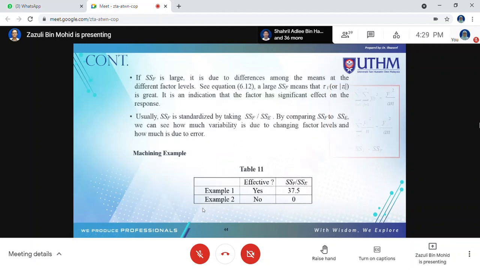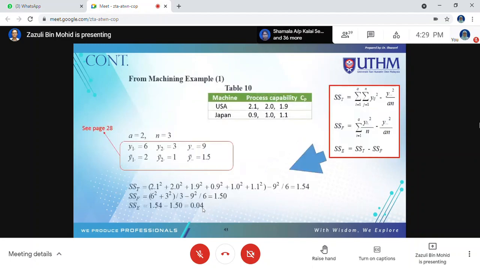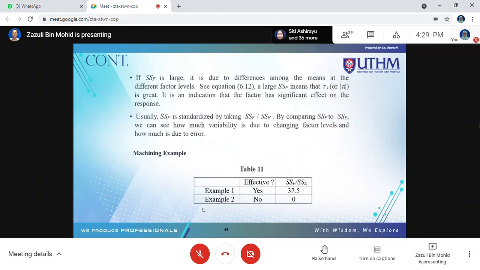So what does it mean by the value of SST, SSF, and SSE? How do we use it? Look on the next slide. It's stated there, if the SSF is large, it is due to differences among the means at the different factor levels.